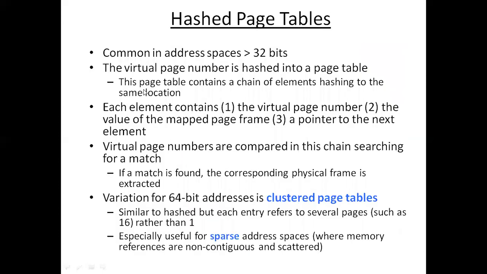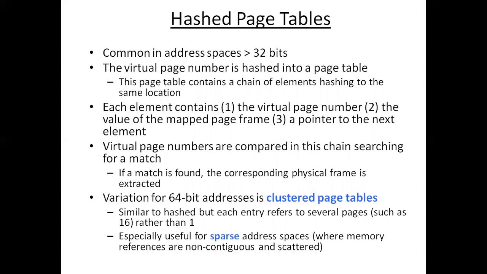So let's go back. On the page number we apply the hash function, and here they call it a virtual page number. The virtual page number is hashed onto the page table. This page table consists of a chain of elements hashing to the same location. So what happens at the same location?